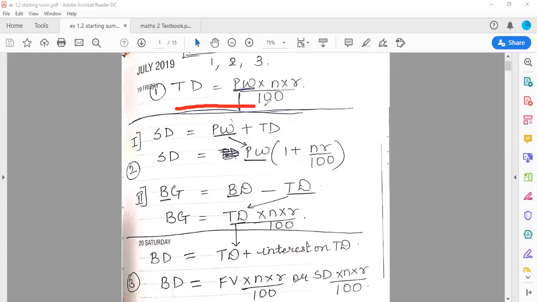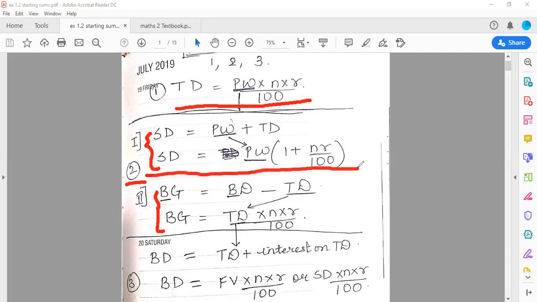In number 1 there is only one formula. When I say number 2, in number 2 there are two formulas. One is of SD, that is sum due, and the other is BG, that is banker's gain. Now this topic is not covered in today's session. Our focus is only on SD, that is sum due.